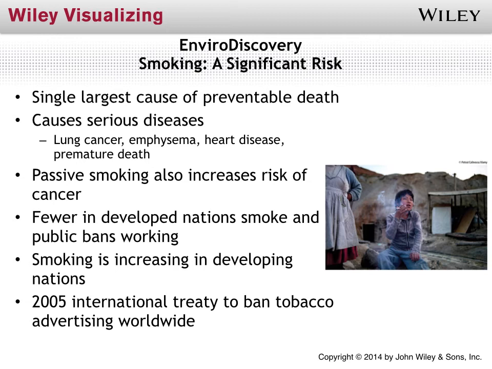The Enviro Discovery near the end of the book focuses on smoking and how significant a risk it poses. Again, it's the single largest cause of preventable death. Very high risk of dying from some sort of cancer if you're a smoker. Things like lung cancer kill you or can kill you, but also chronic diseases like emphysema or heart disease can plague you your entire life if you're a smoker.